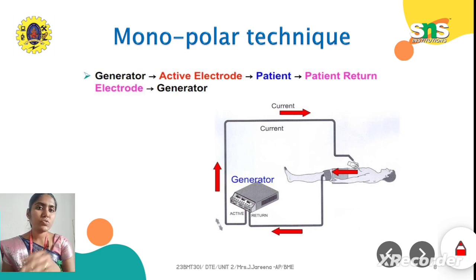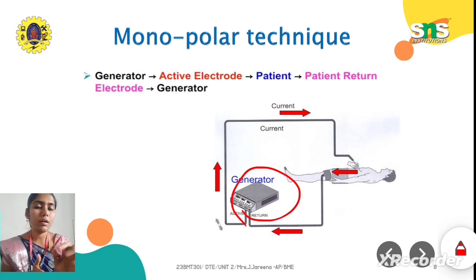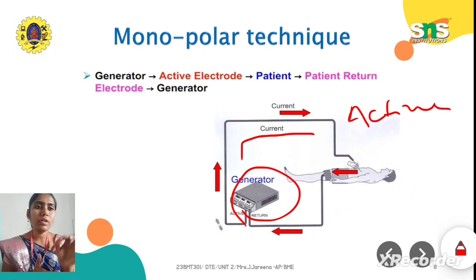We start from the generator, because this acts as the ESU unit. From the generator, the current passes through the active electrode. This one is the active electrode. The current passes through the active electrode into the body where you want to do the operation, like cutting or coagulation. Then you have another electrode, the patient electrode, which is set at the back side of the patient's body, or you can place it where there is more body tissue, body mass.